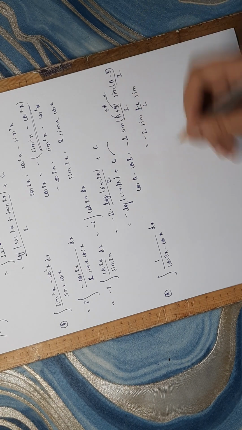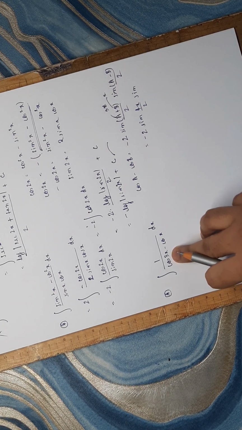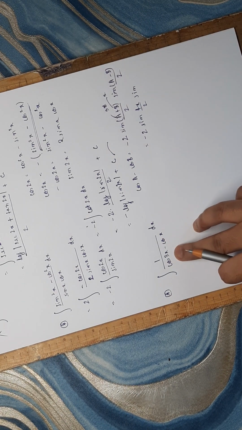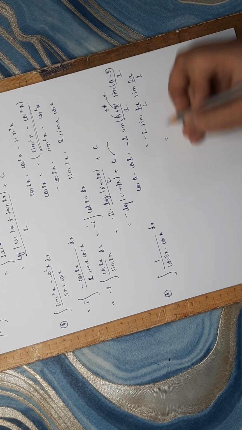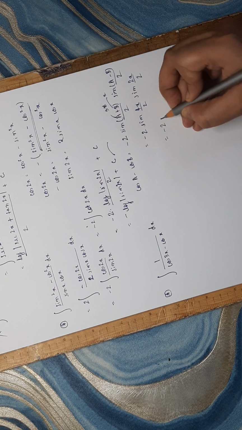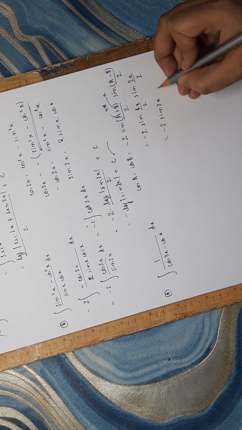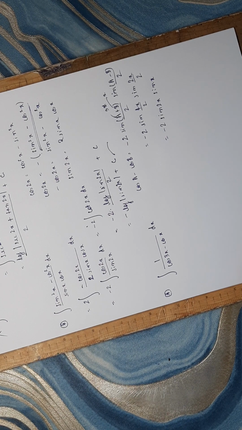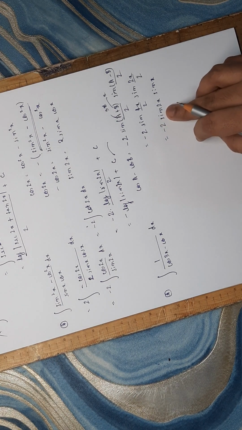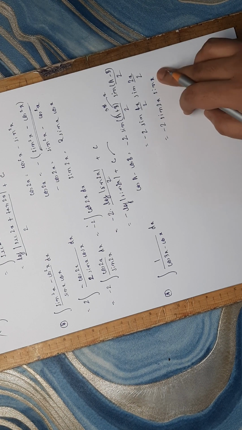And sine of A minus B: A is 3x, B is x, so 3x minus x is 2x by 2. The 2 is already there in the denominator. So after the cancellation, we get sine 2x here and sine x here. So we get minus 2 sine 2x into sine x.